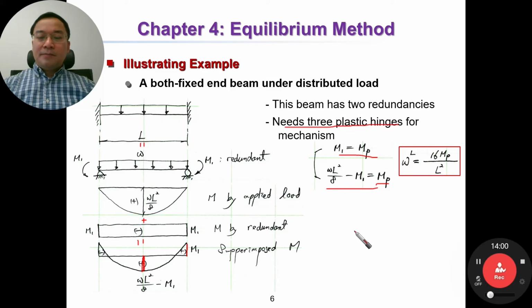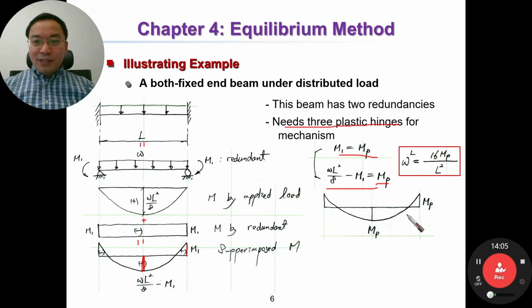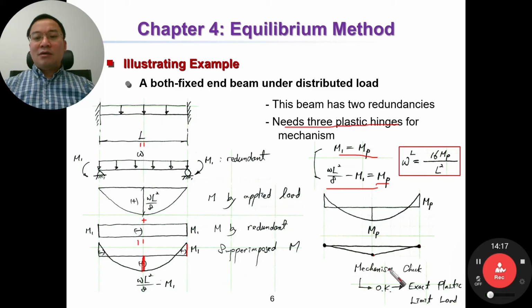Now we have MP here and MP here, because we assume MP here. Then we do the mechanism check. If it is a mechanism, then it is correct, or exact. It is a mechanism, right?